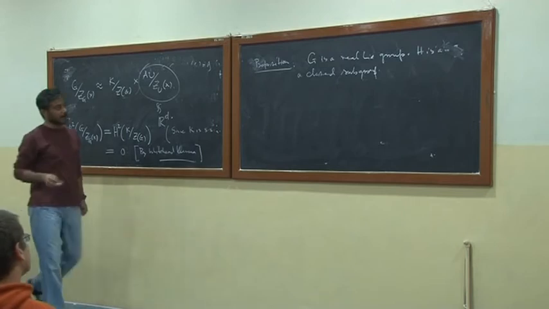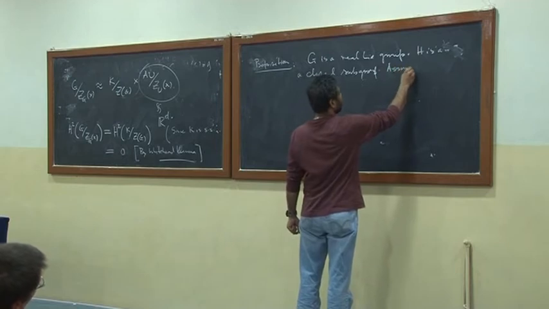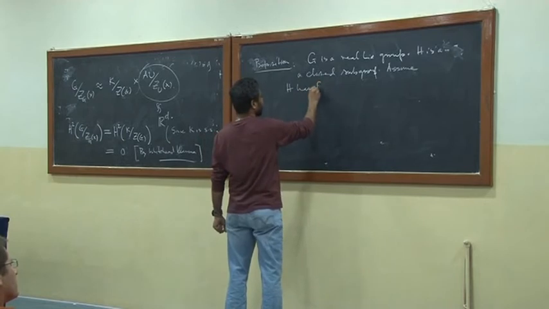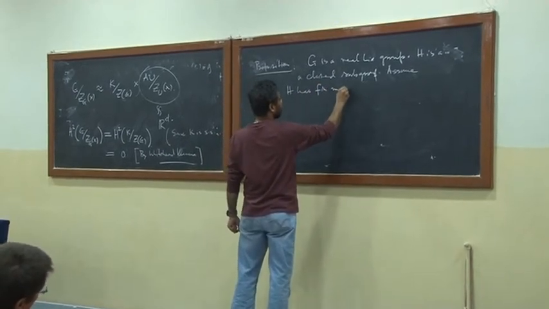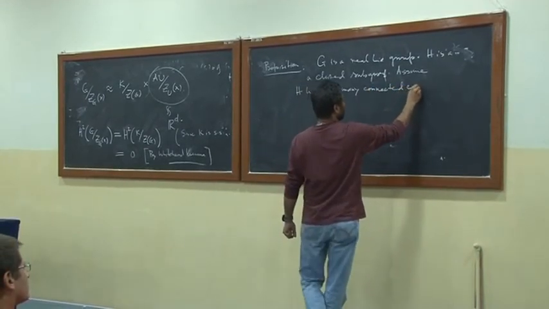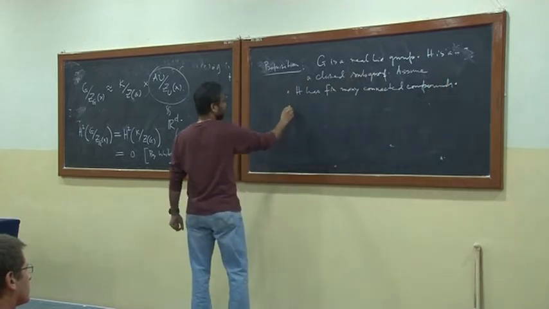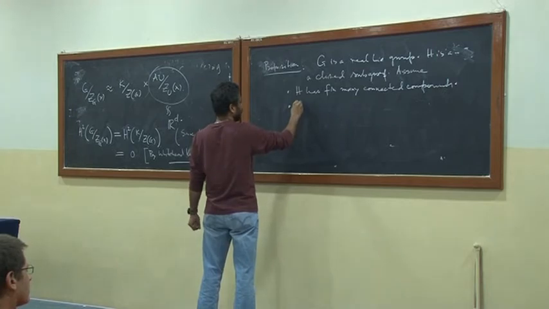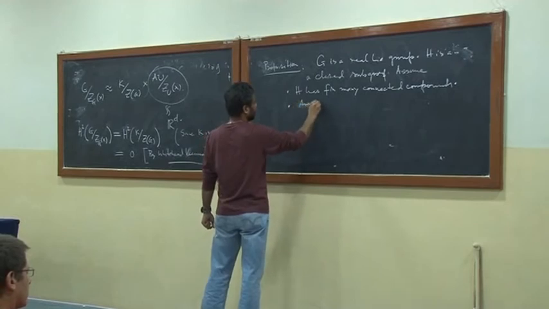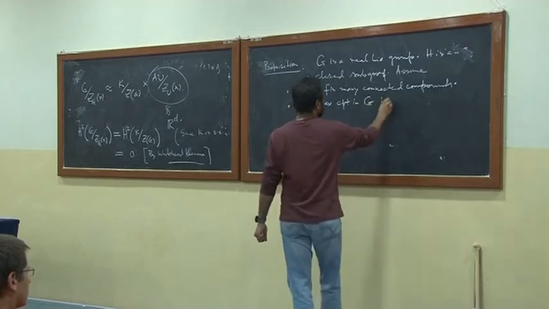Again I need the maximal compact. Assume H has finitely many connected components, and also assume that any maximal compact of G is semisimple.